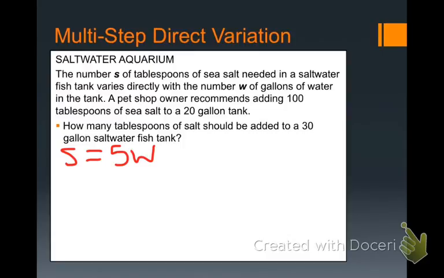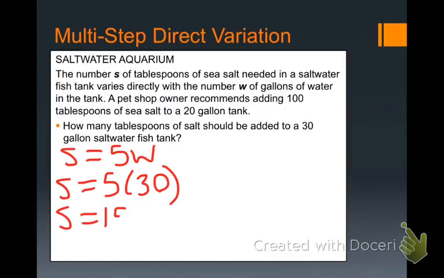Since S and W vary directly, we can plug 30 into our equation and figure out how many tablespoons of salt. So our salt is equal to 5 times 30. 5 times 30 is 150. So in a 30-gallon saltwater fish tank, we would need 150 tablespoons of salt. And that's it for the section.